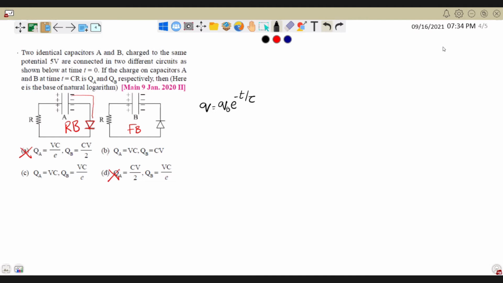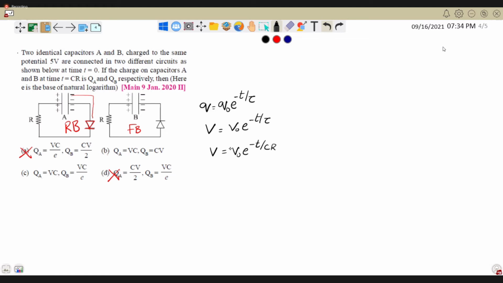So can I say V is equal to V naught e power minus t by tau, correct? So V is equal to V naught e power minus t divided by tau, and this is an RC circuit, so tau is C into R. He clearly said t is CR.